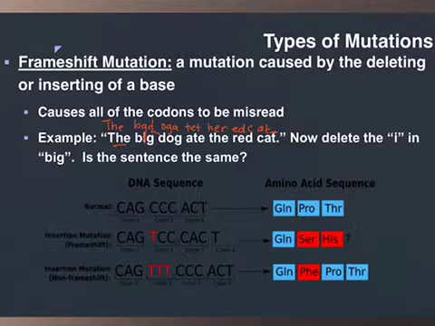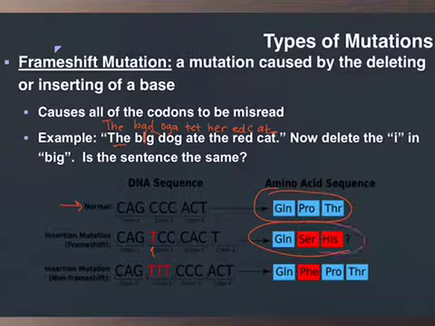If you look at the DNA sequence in our example down here, you can see our normal sequence, CAG, CCC, ACT, and this is the amino acid sequence that we want. However, if we were to insert this T, it changes the reading frame, and now this is the amino acid sequence that we would get.